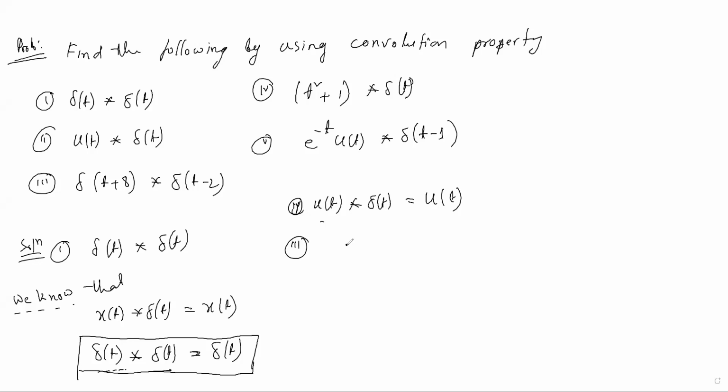Delta t plus 8 convolution delta t minus 2. This will come as delta only, but with the shifted version. Shifted version means the shifted component. Here plus 8 is there, and minus 2 is there, so delta t plus 6 will be the answer. Understand?